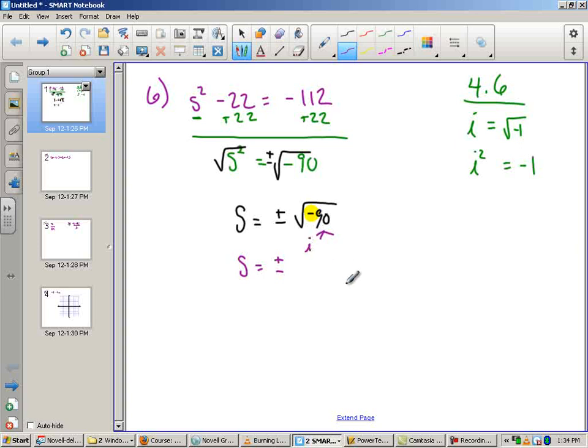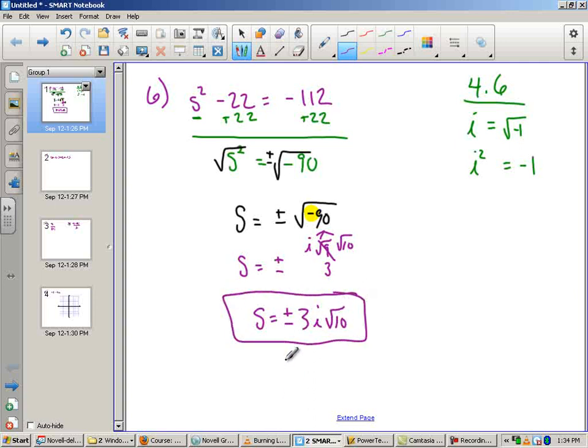I know I've got an i, but I also know 90 is divisible by 9 and 10. And the square root of 9 is 3. So I've got an i, a 3, and a root 10. So s equals plus or minus 3i root 10. And that is my answer.